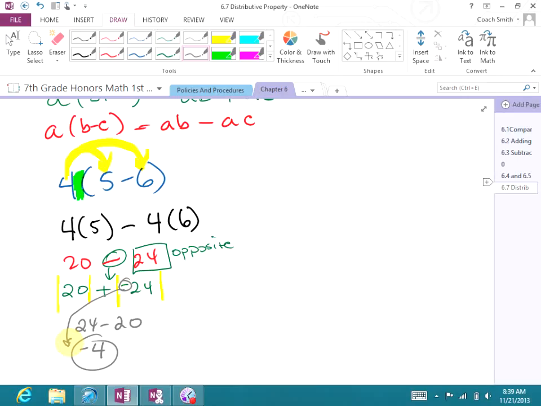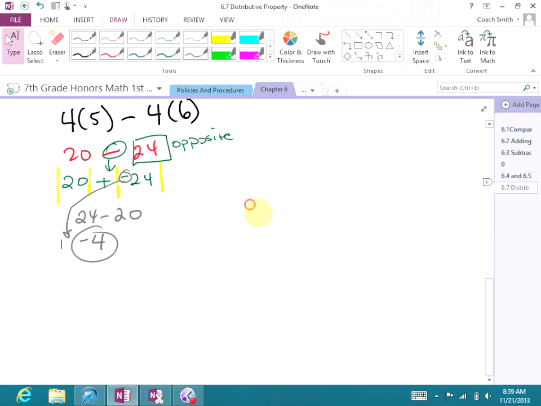Okay, now, let's look at some ways that the distributive property can make it easier on you. Let's look at this problem. 6 times 1/7 plus 6 times 6/7. Okay?